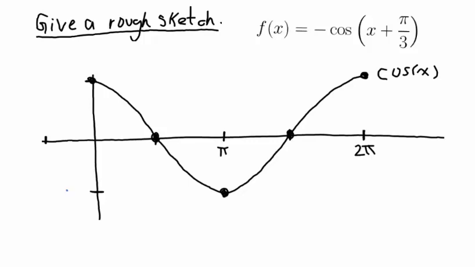So it's going to be somewhere over here. Next we have pi by 6 and 0, which is maybe somewhere in here. Then we have 2 pi by 3 and positive 1, which will be somewhere over here.